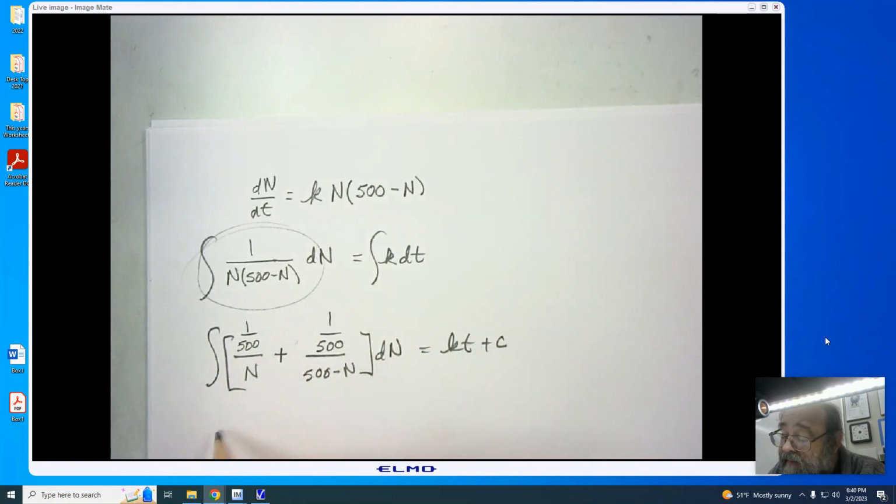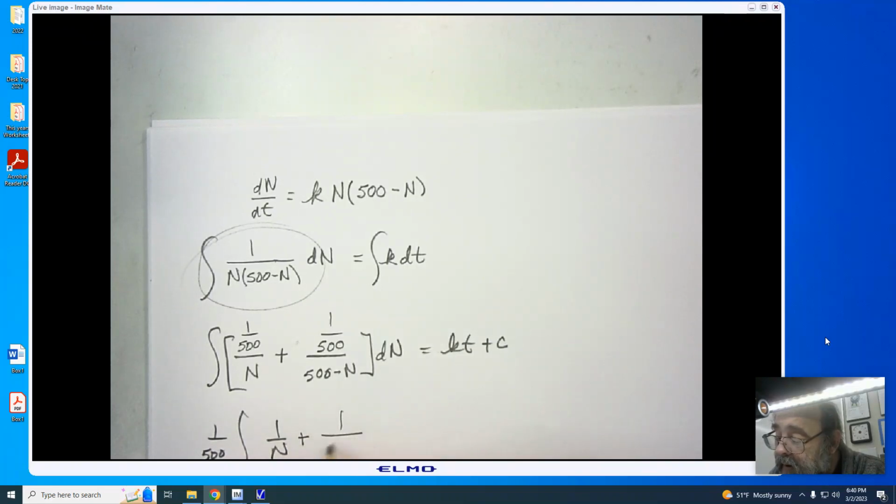Now, that means that I can factor out my 1 over 500 and just work with the 1 over n, which we know will be the natural log, plus 1 over 500 minus n dn. Now, I'm going to multiply both sides by this 500 right here so that I get a new 500 times the constant t plus c.